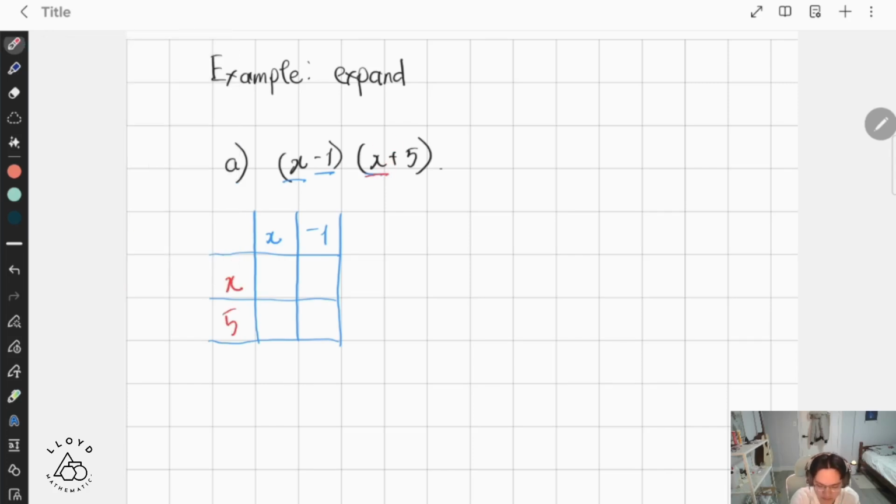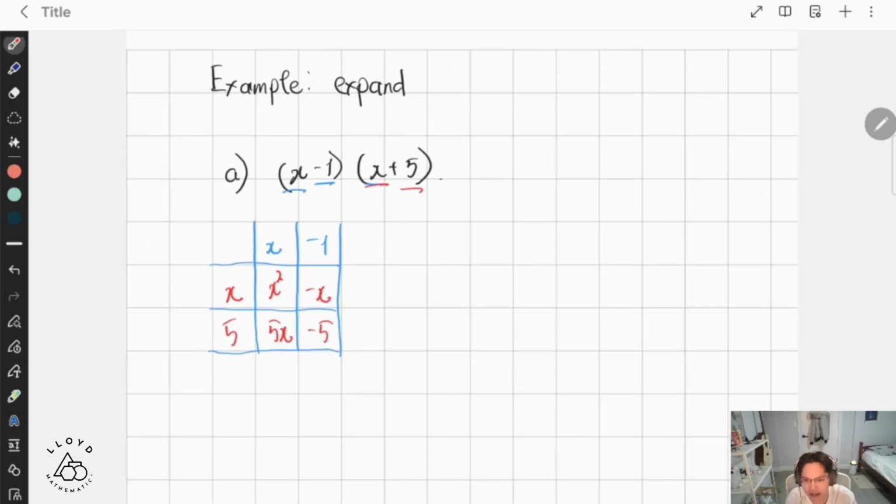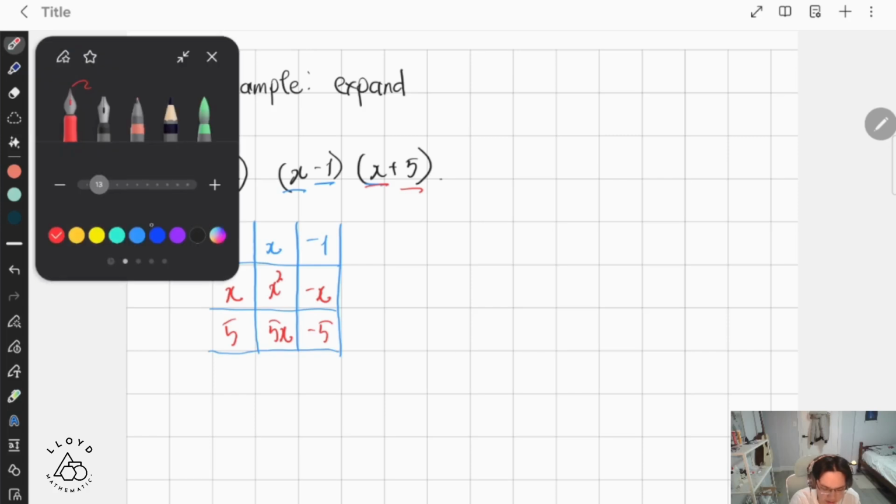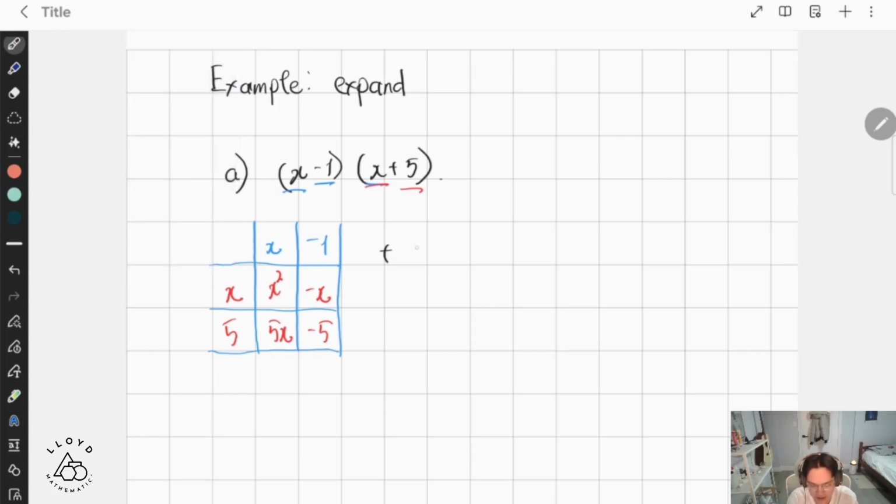here is 5. So here to here, I got x squared, and here to here, I got -x, and from this point, I got 5x, and in this point, I got -5. So after we calculate this, we just need the simple thing, which is to add all things together.